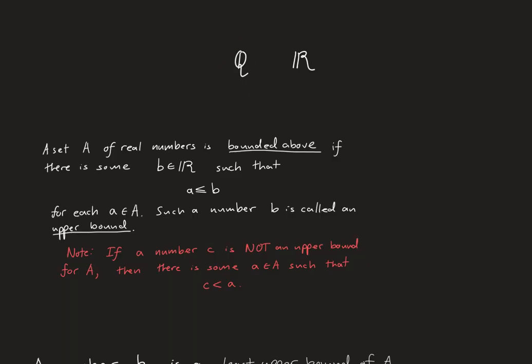There's a famous example. There's this set here of all numbers whose square is less than 2.